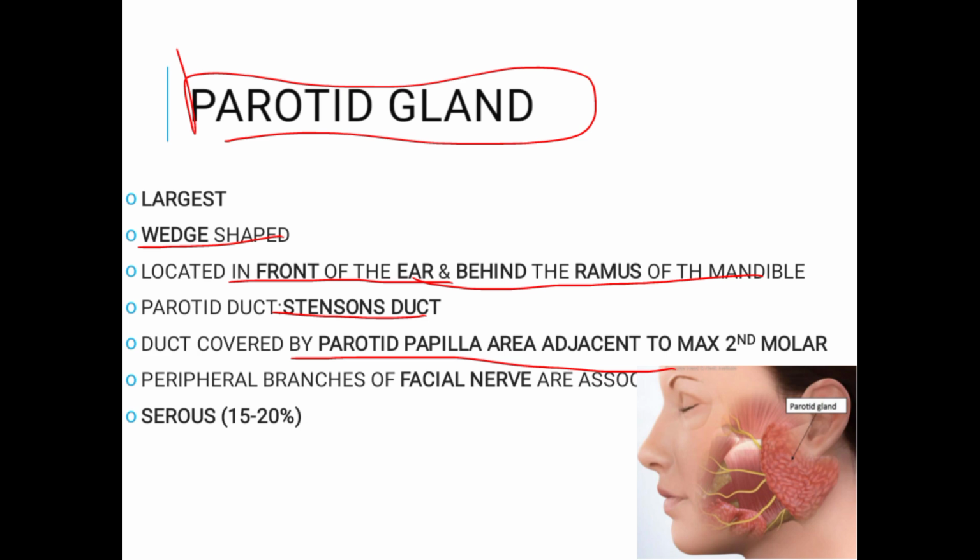The peripheral branches of the facial nerve are associated with it. Very important: this is serous in secretion. It can be asked in your MCQs that parotid gland secretions are serous. You should know it.